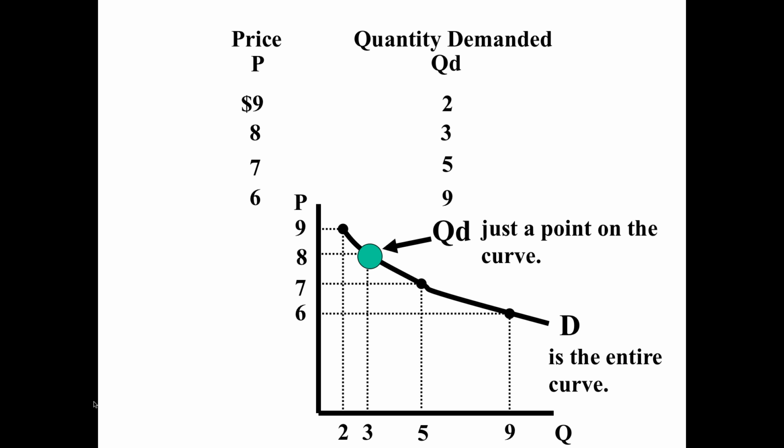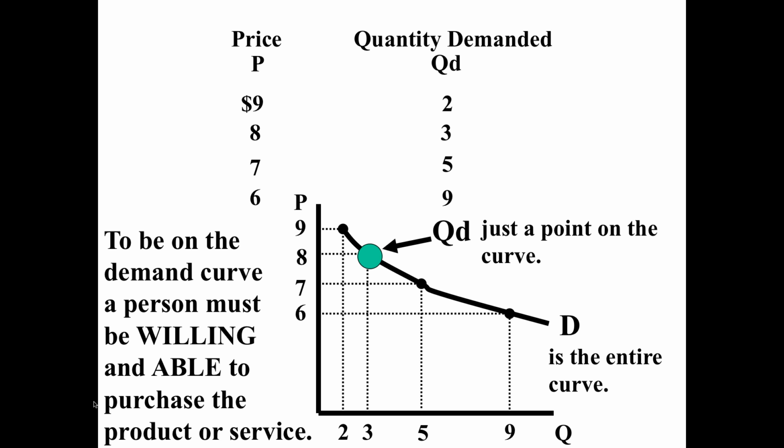So as price changes, you're just moving from point to point to point to point on your demand curve. So that's important to remember. Price changes quantity demanded. Demand is changed by factors other than price. So to be on the demand curve, a person must be willing and able to purchase the product or service.